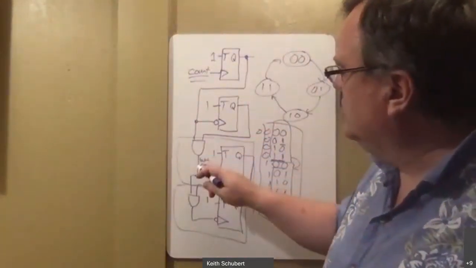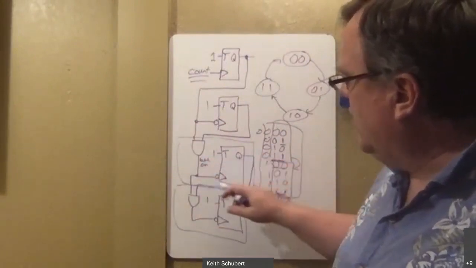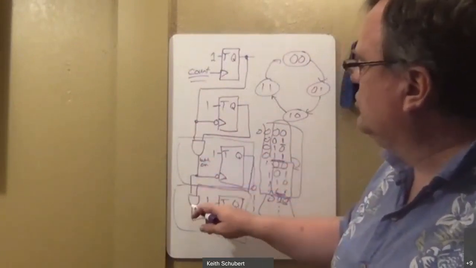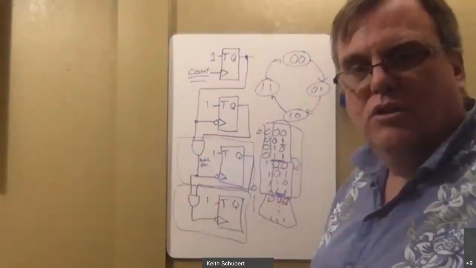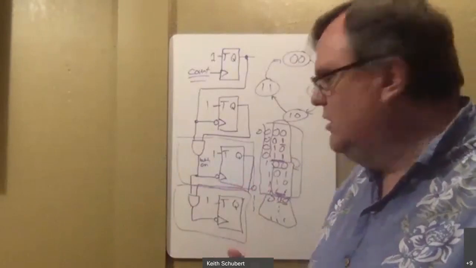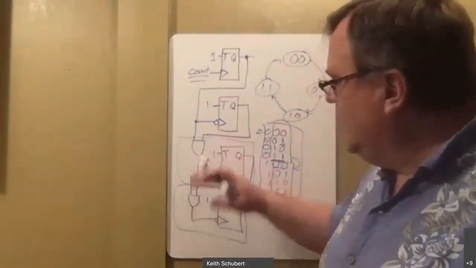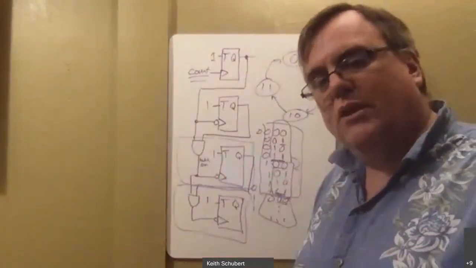So it's two stages. To get to the next one, it's got to go through another flip-flop and another AND gate. So it's gone through three stages. Each of these stages takes time. So as you get more and more bits added on, the later bits get the signal at a bigger delay.